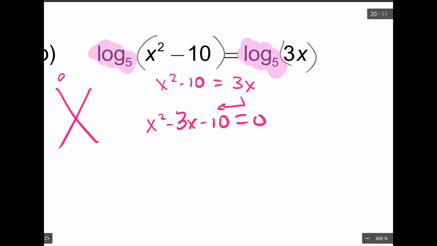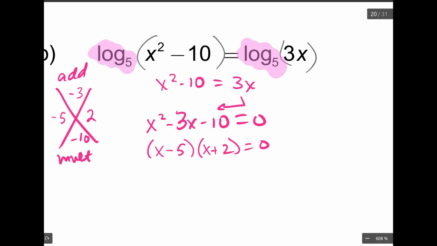If I factor, I want to know what adds to negative 3 and multiplies to negative 10. Negative 5 and 2. So I have x minus 5 and x plus 2. So x is equal to 5 and x is equal to negative 2.